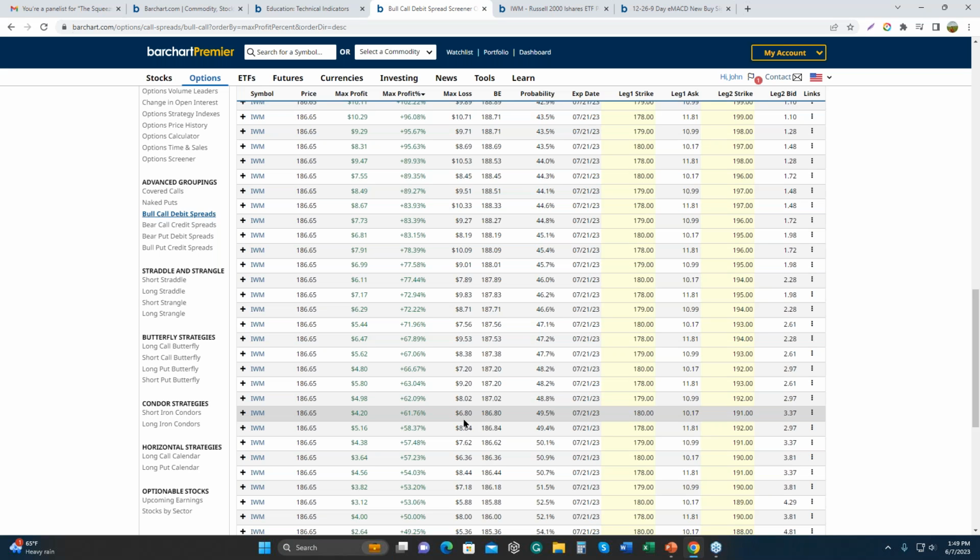But now, instead of risking $1.75 as we did with the half ATR, we're only going to risk a 35 delta, our net delta. So we're probably only risking about 50 cents, 65 cents. So not a lot of risk on this one.